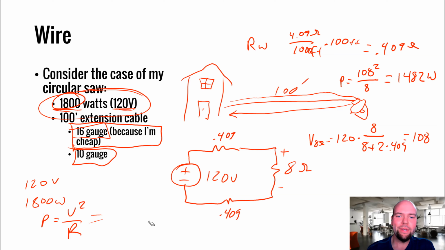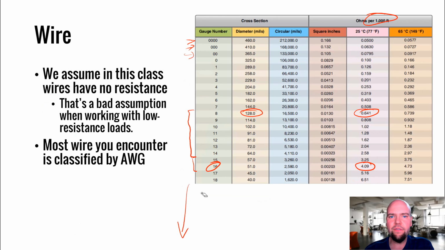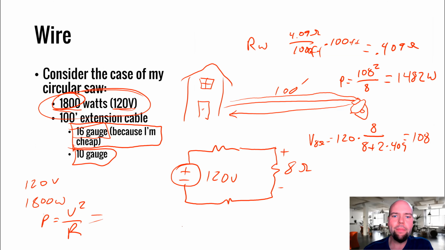I probably should have left myself another slide here. Okay, well, let's go back. Find 10 gauge. So for 10 gauge, we're looking at 1.02. Dividing that by 10, 0.102. My voltage equation is now going to be 2 times 0.102.